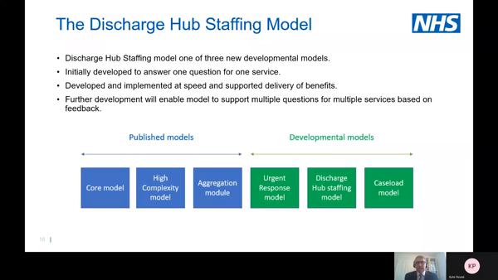You can see on this slide the three models highlighted in green: the urgent response model, the Discharge Hub Staffing model, and the caseload model, which are the focus on sessions 2, 3 and 4 within this webinar series. As we've said previously, this model was developed and implemented at speed and supported delivery of benefits that were needed at speed.